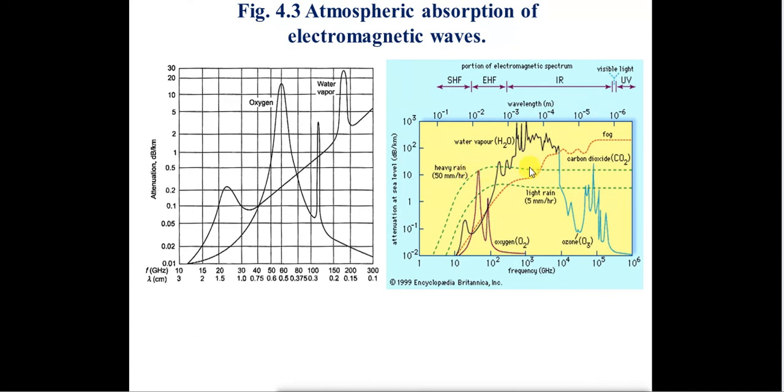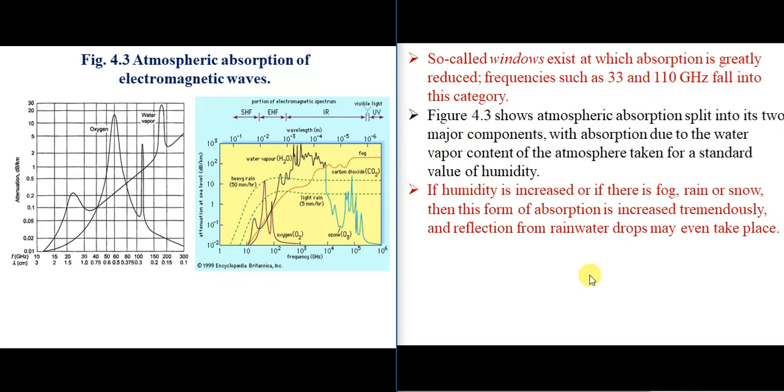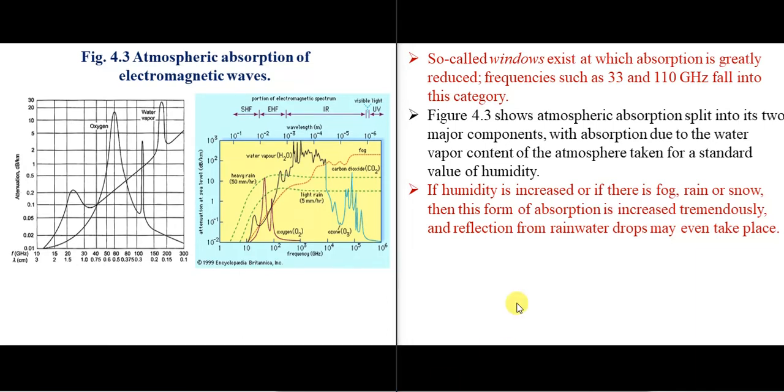In rainy season, there is most of the attenuation for frequencies from 100 gigahertz onwards. Hence, reflection from water droplets may even take place.